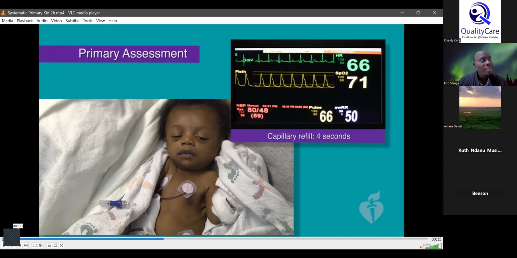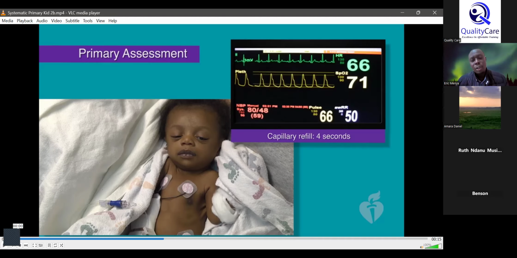Ruth, is it compensated or hypotensive? I would put it at, wait, let me look at the systolic. 8/48. I would put it in hypotensive.